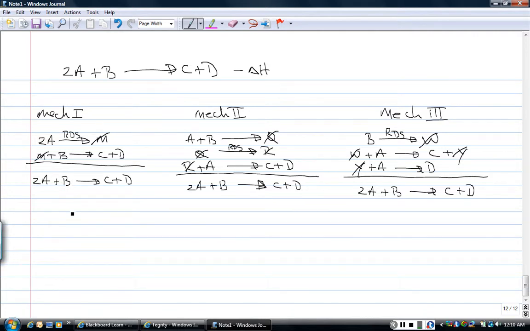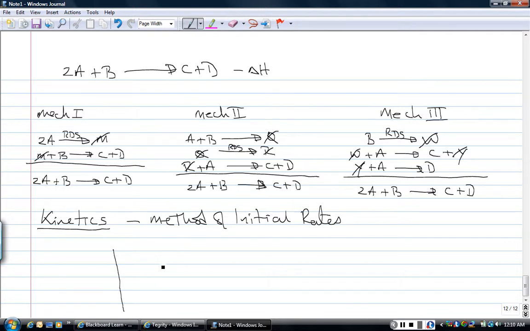And the answer is, I'm going to use kinetics. And you've actually seen this in your Gen Chem already. I'm going to use kinetics, and we're going to use a method called the method of initial rates. In the method of initial rates, what I'm going to do is generate stock solutions of A and B. Those are my reagents.